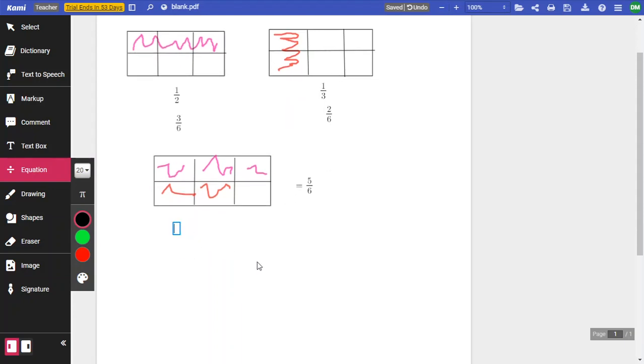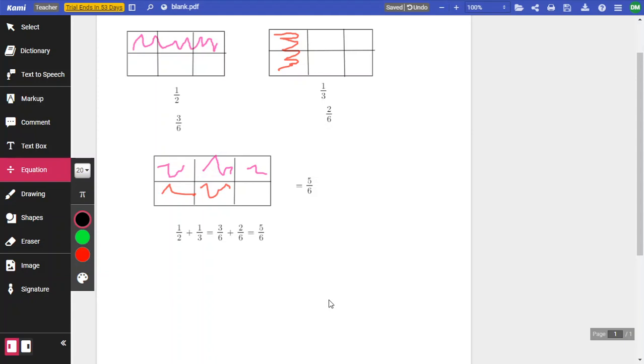So in purely number terms, we can say that 1/2 plus 1/3 is exactly equal to 3/6 plus 2/6, which is equal to 5/6, and that's our final answer there. So this shows you numerically how this works, and this also shows you visually why it works.